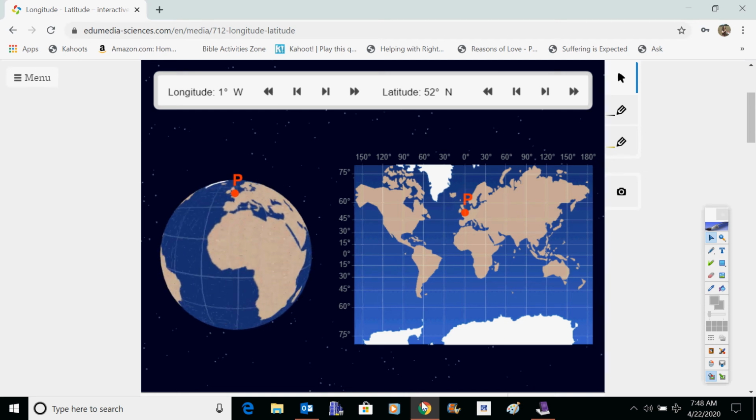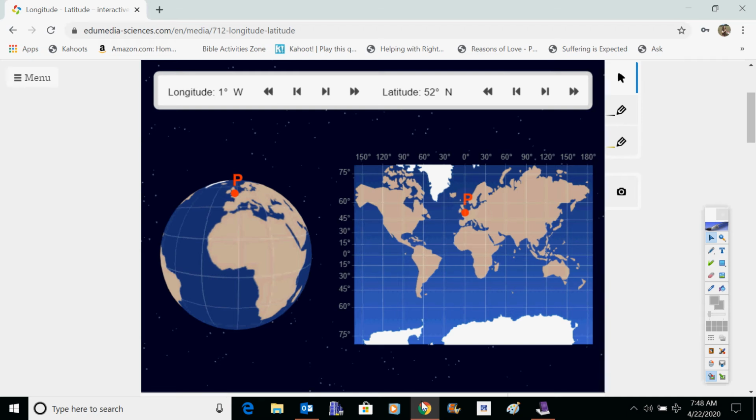Now sometimes people have trouble telling the difference between latitude and longitude. Some of you will do this and some won't, but if you want to know which ones are the latitude ones, when you say latitude, your mouth goes sideways. So the latitude ones are the ones that go like this, and the longitude ones, if you say the word longitude, your mouth goes up and down.